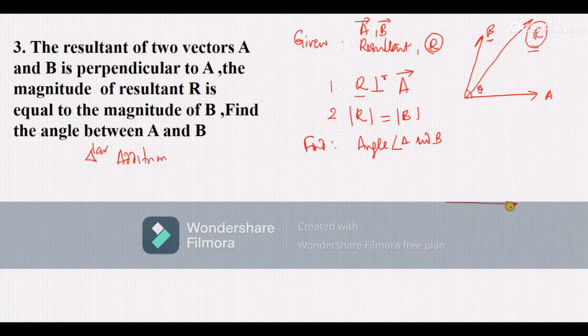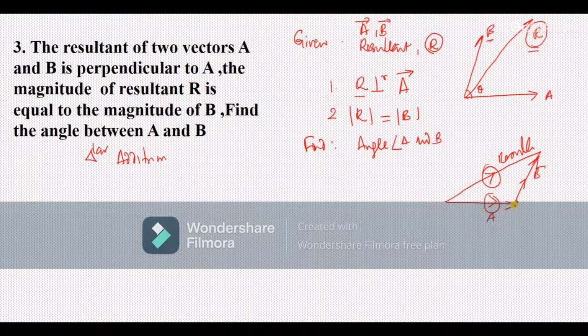So here we have A and B vectors, diagrammatically represented as two vectors with an angle between them. The resultant between them is passing through them. This is explained using our parallelogram law.